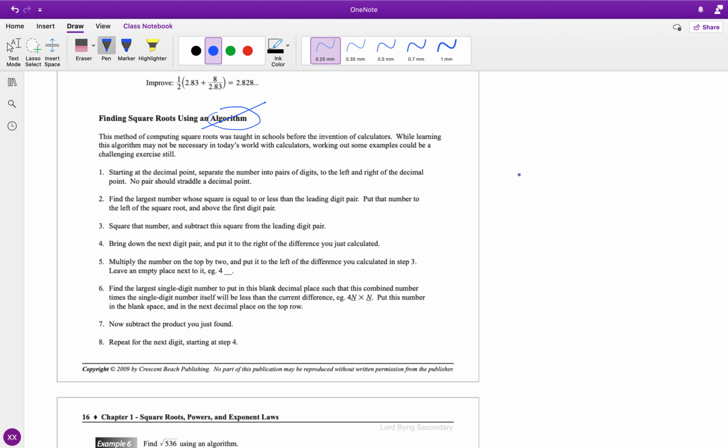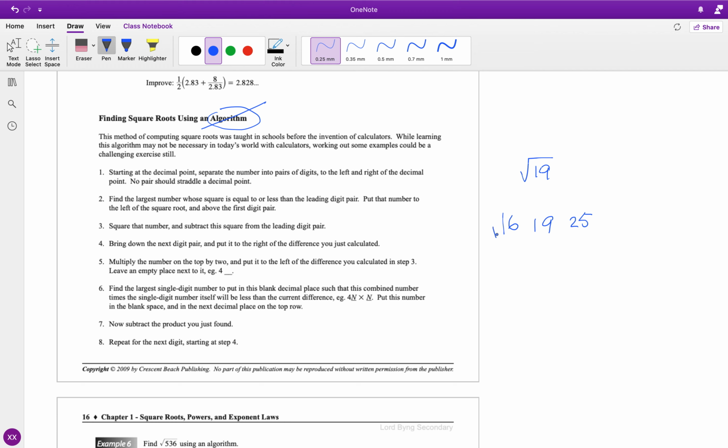For example, let's talk about the root of 19. In this case, we want to locate two perfect square numbers. For 19, the next larger perfect square is 25. On the left side, the perfect square smaller than 19 is 16. So 19 is in between 16 and 25.